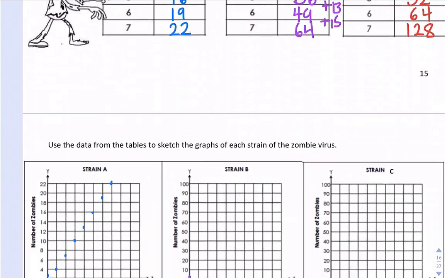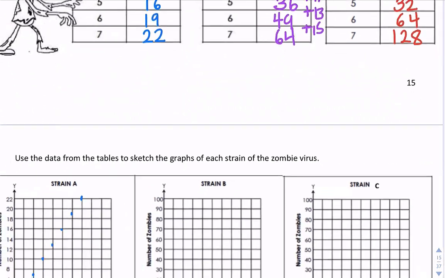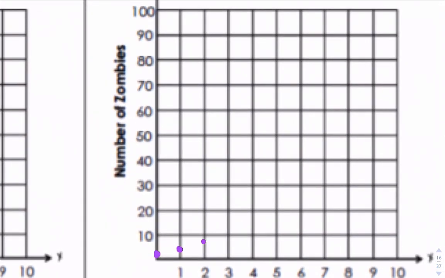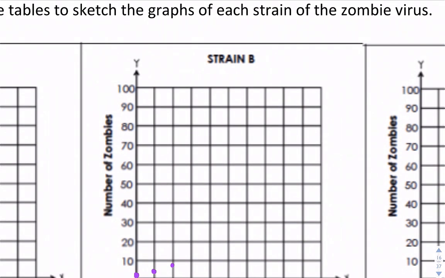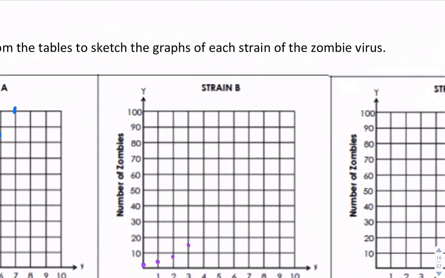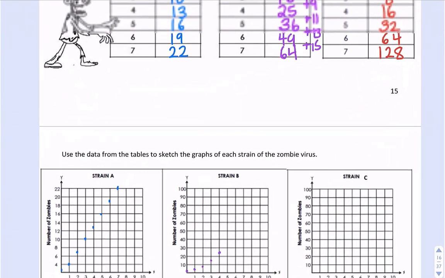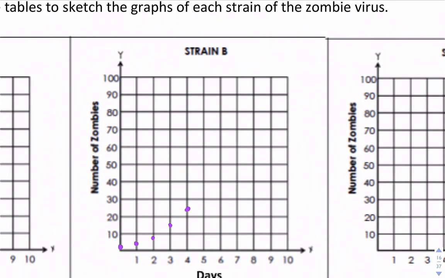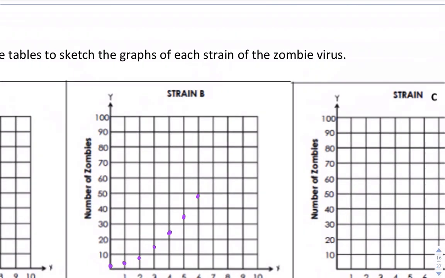We have 1, 4, and look, this is scaled differently, so 1, 4 is like here. 2, 9. 3, 16. 4, 25. 5, 36. 6, 49. 7, 64.